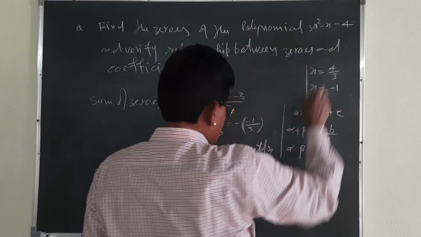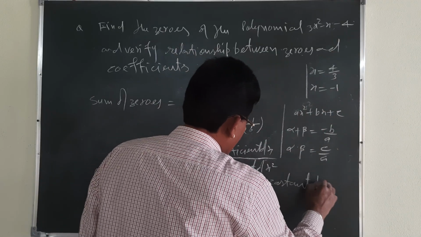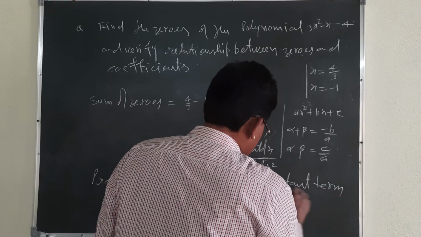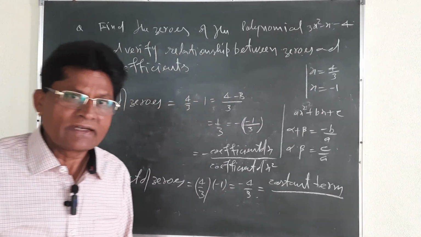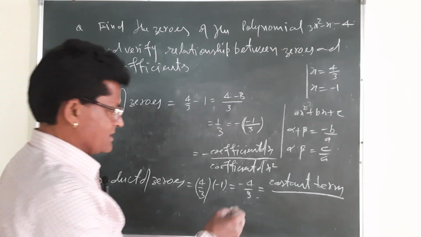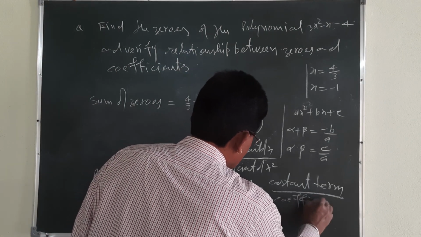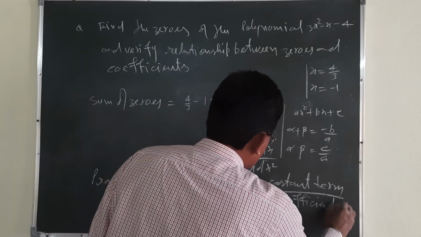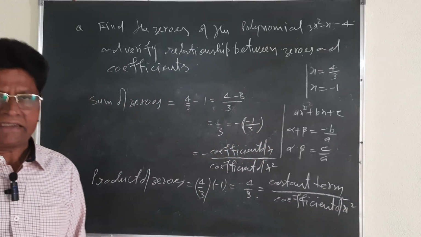Minus 4 is the constant term. And 3, did you see 3? Coefficient of x square. That is the relation between zeros and coefficients.